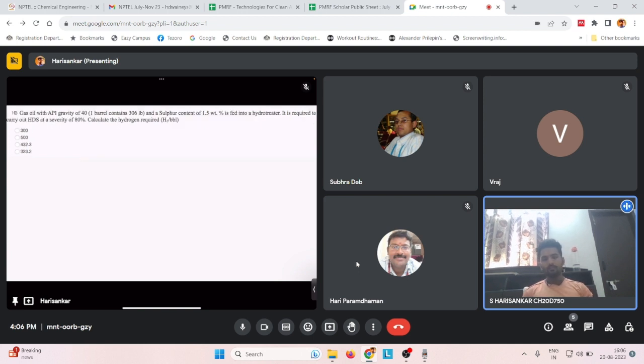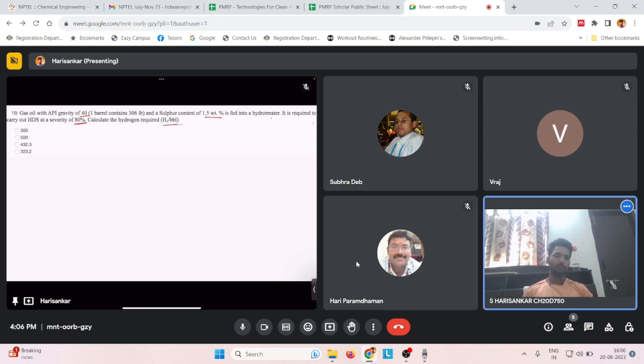Okay. One more question. Gas oil with an API gravity of 44 and a sulfur content of 1.5 is fed into a hydrotreater. It is required to carry out the HDS, or hydrodesulfurization, at a severity of 80%.